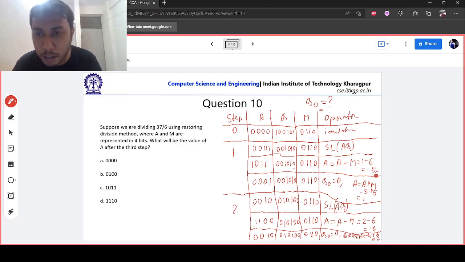Whenever we get a negative number, we restore it to the previous value. This is the constant pattern that defines the restoring division method. So step 2 is done.